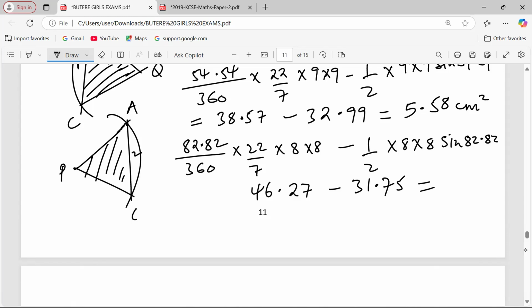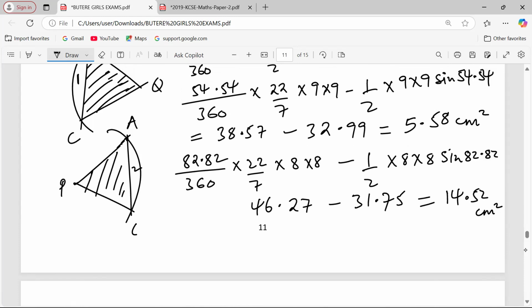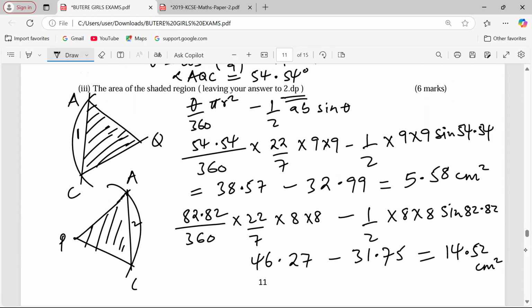So we take 46.27 minus 31.75. This is going to be 14.52 square centimeters. Therefore, we have gotten the second minor segment.